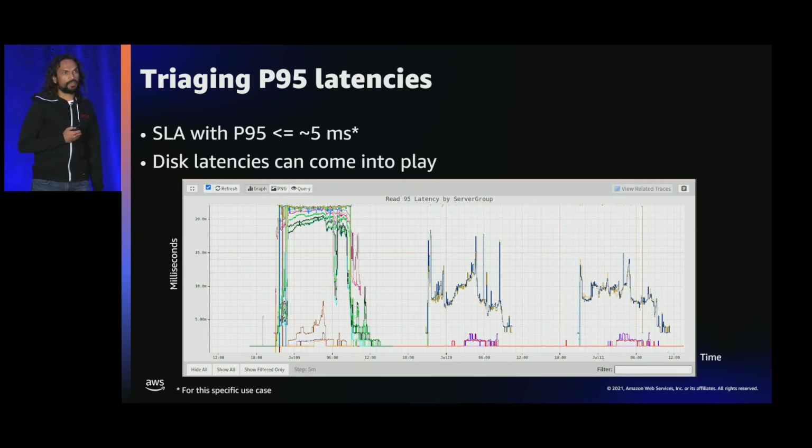There was an application with a 95th percentile latency SLO of 5 milliseconds, and as you can see in this graph, the latency was way above the 5 millisecond SLO. This particular cluster was running the disk-based Memcached, and we expect deterministic performance from the disk, basically sub-millisecond latency from local NVMes.